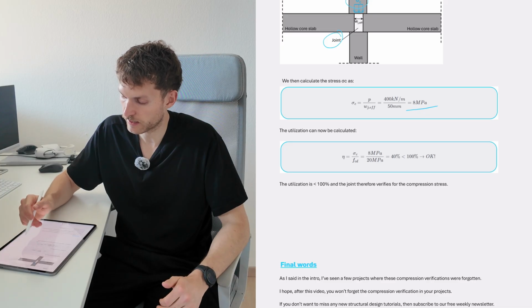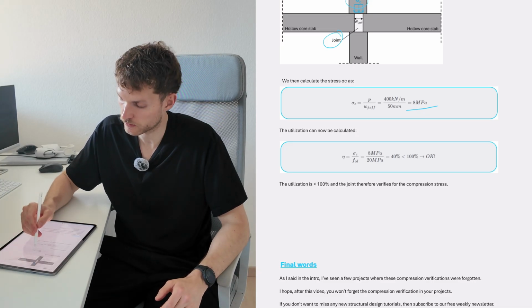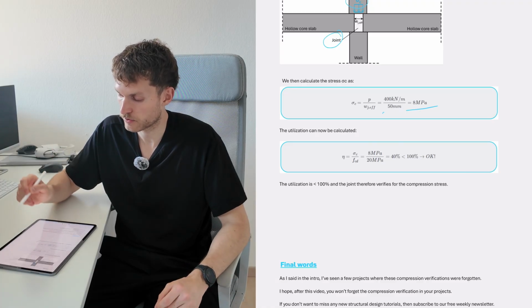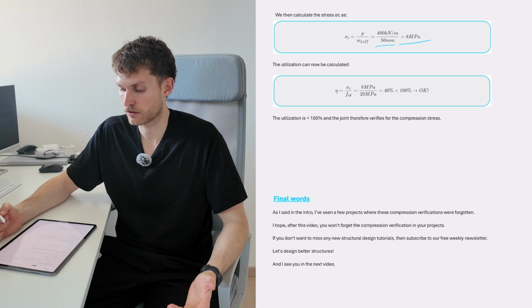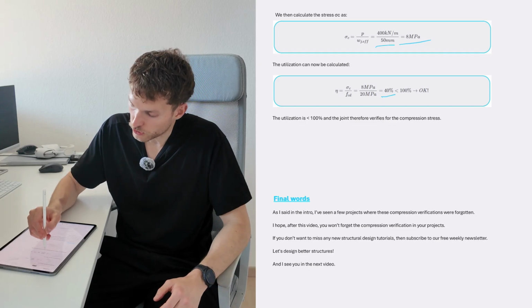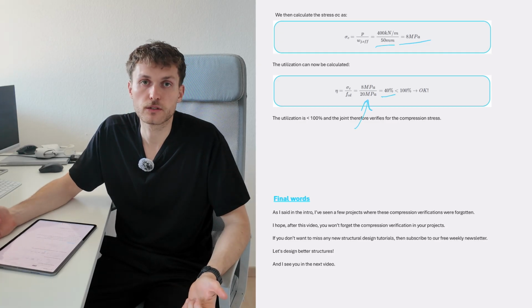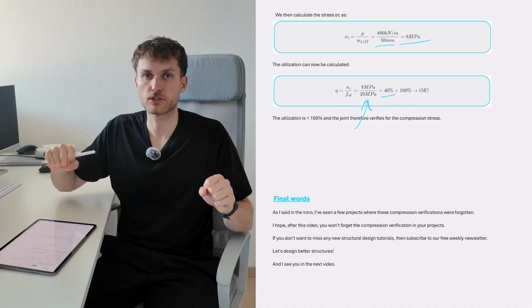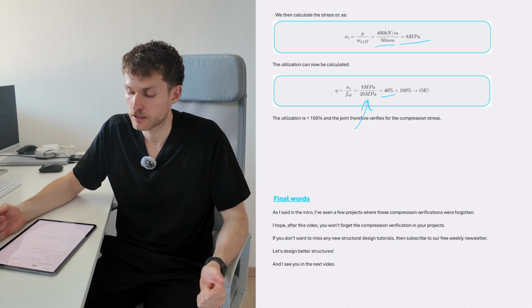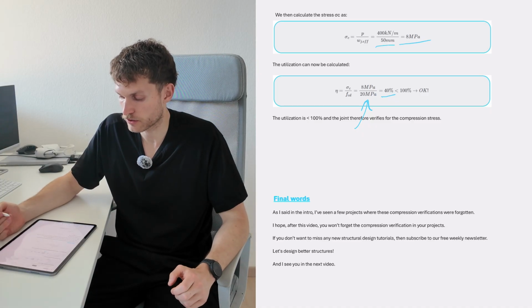So we divide the line load, 400 kilonewton per meter, by the joint width, which is 50 millimeters. Now we can calculate the utilization ratio, and we can see the utilization ratio is 40%. Also note, in this case, we don't have transverse tension, we just have compression. So therefore we can use FCD as the compression resistance.